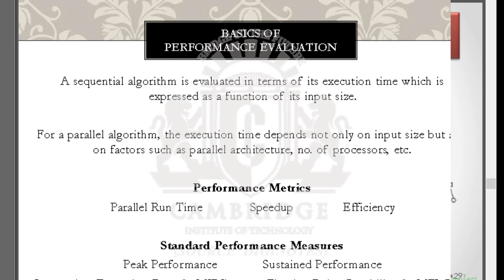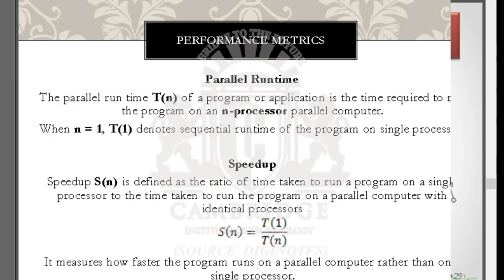Basics of performance, performance metrics, parallel runtime, speed up, efficiency have to be calculated. Standard performance measures are given by peak performance, sustained performance, then instruction execution rate and floating point capacity.